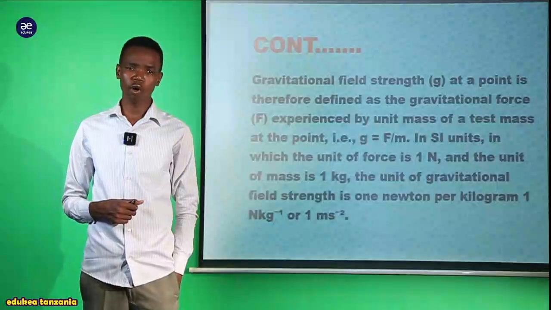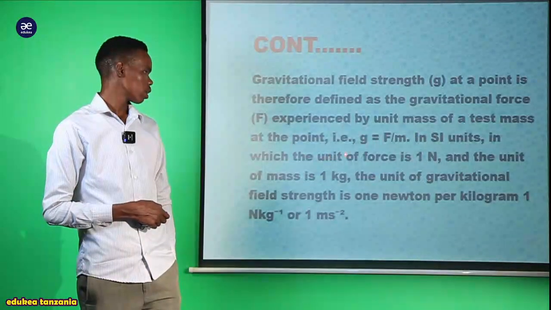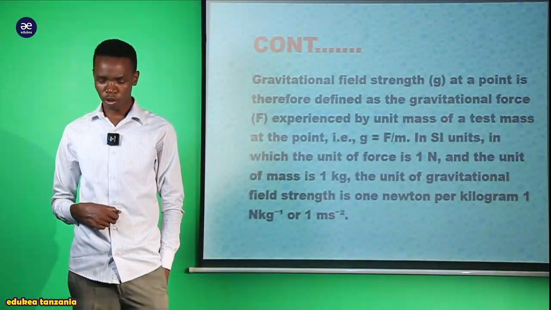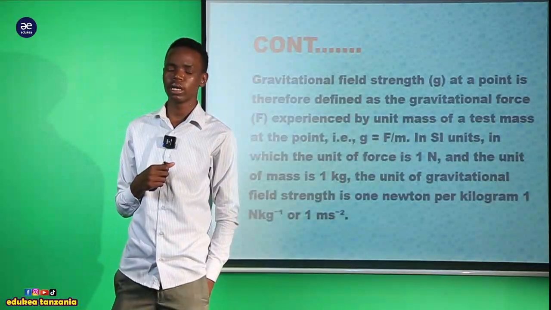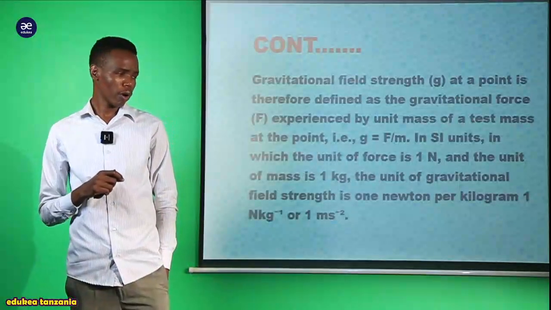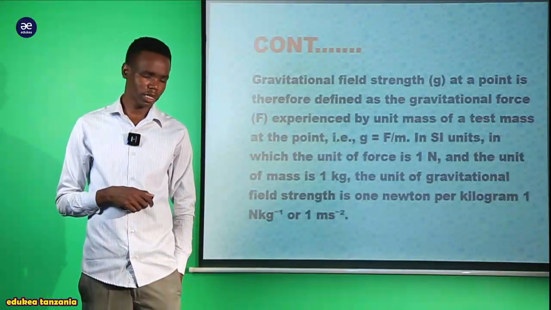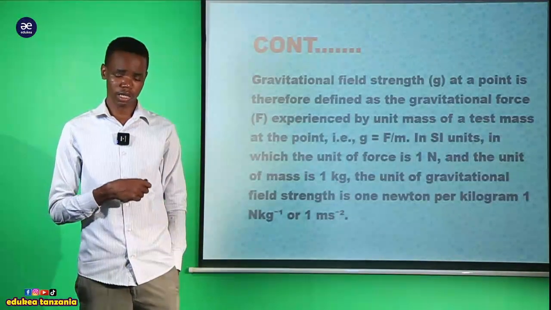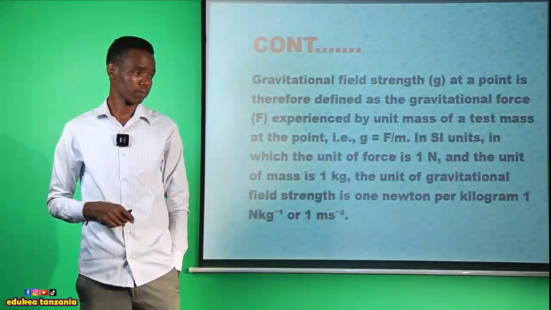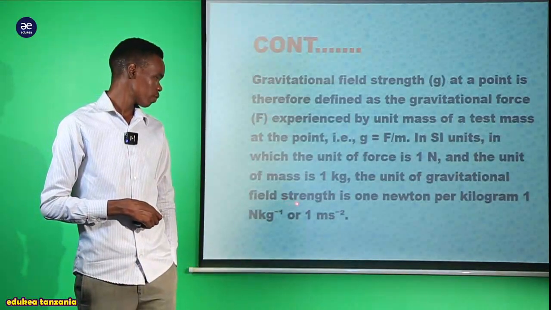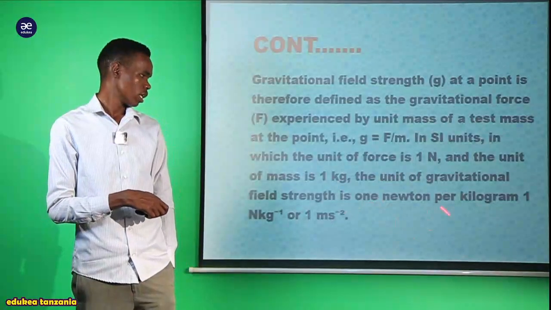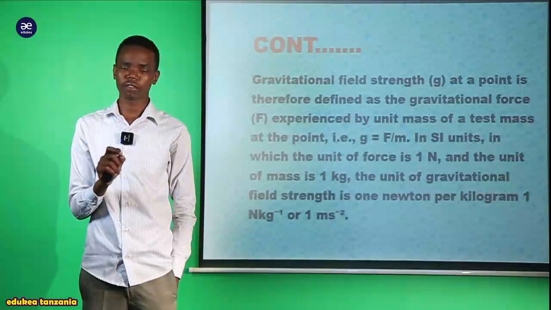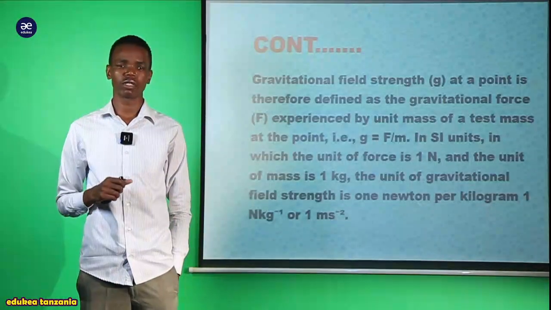The SI unit of force is the Newton, while the SI unit of mass is the kilogram. This is how we talk about the units of those quantities. The unit of gravitational field strength will be Newton per kilogram, because we obtain the gravitational field strength by taking the force divided by the mass.